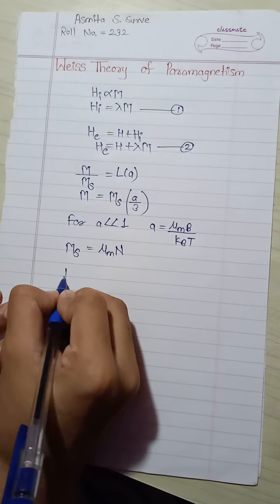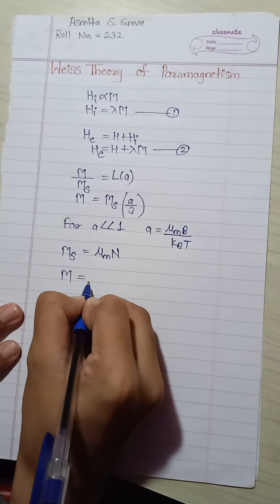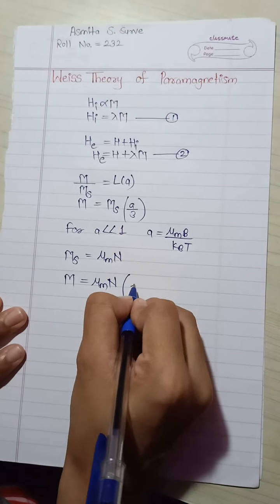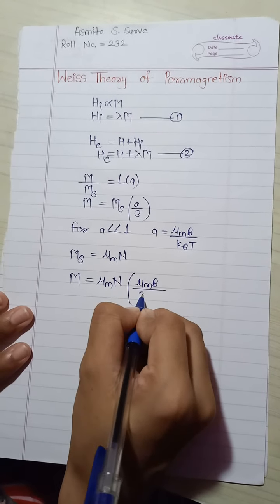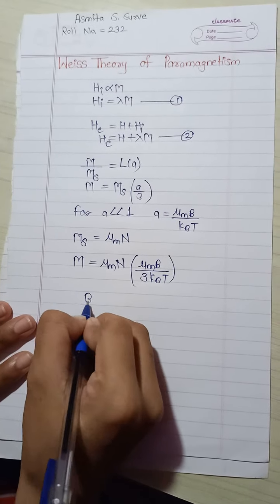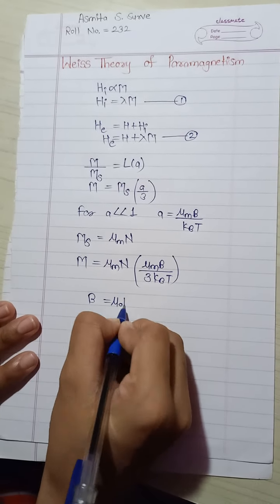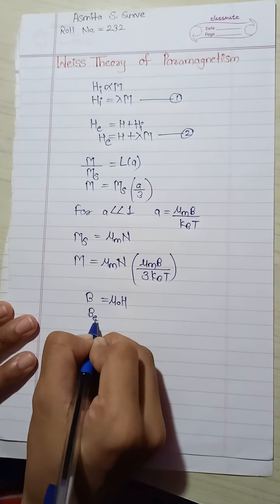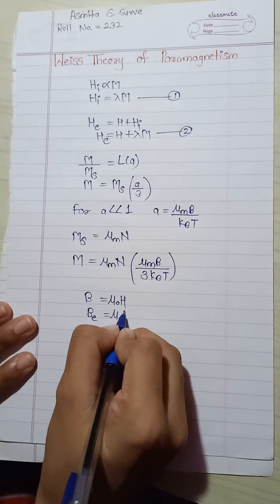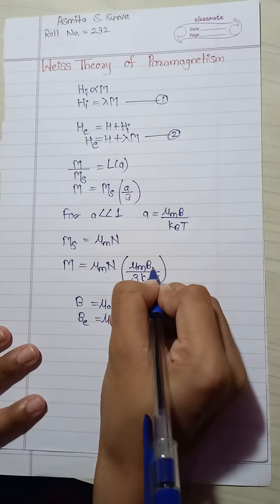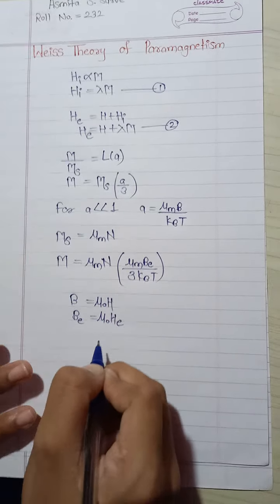Then put this value into this equation, we get magnetization is equal to mu_m n into A, which is equal to mu_m B upon 3 k_B T. We know the formula for magnetic field B is equal to mu_naught H, the applied magnetic field. Then the effective magnetic field B_E is equal to mu_naught H_E. Put this B_E into this equation, by considering B equals B_E.